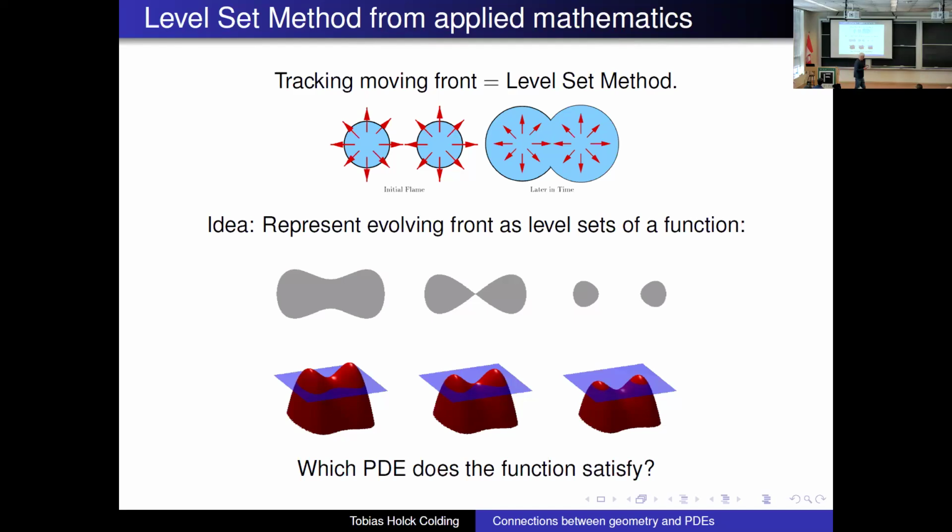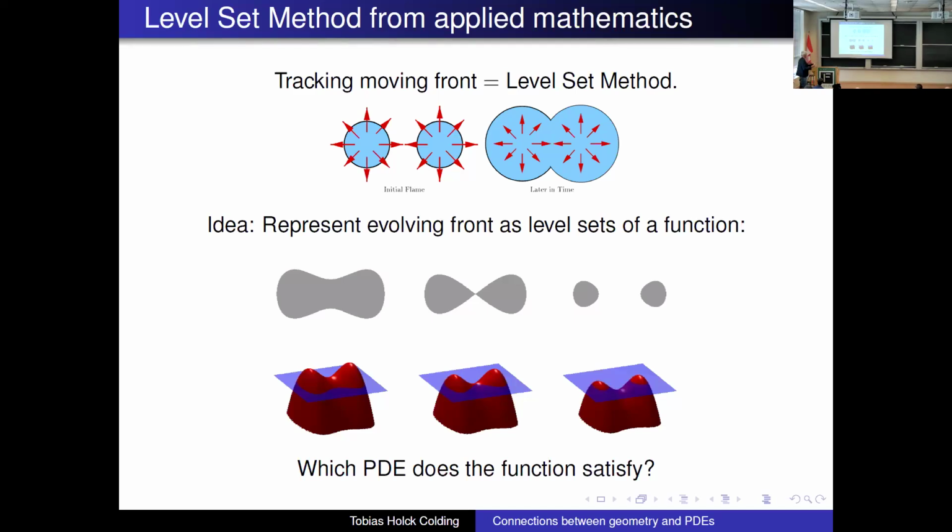The level set method has a relatively long history. It was discussed in the physics literature already in the early 80s. Then there was extremely successful work on this by Sethian and Osher in the late 80s.